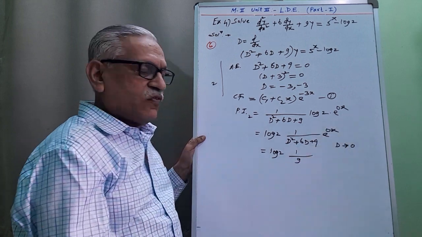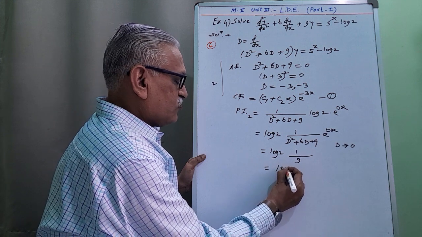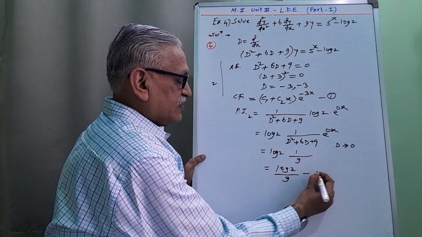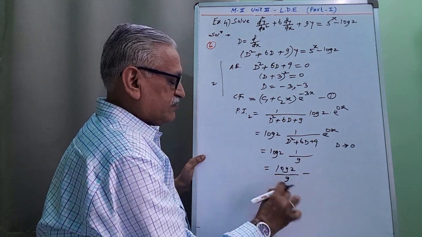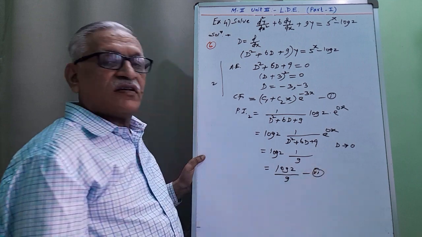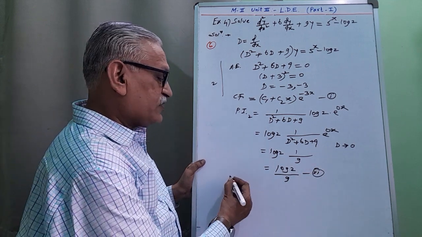And e raised to 0 is 1. And therefore, we get that PI2 as log 2 divided by 9. Equation number 3. Then combine that equation 1, 2, 3 to get the complete solution.